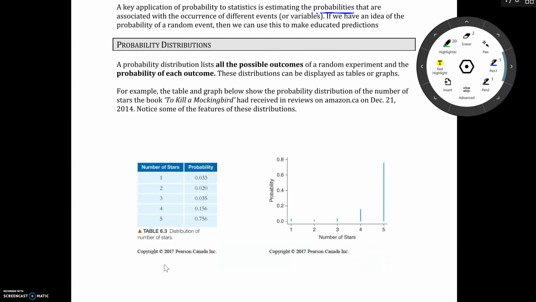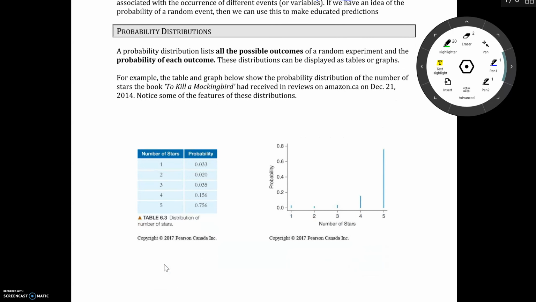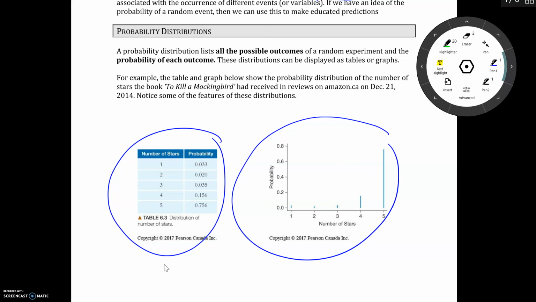A probability distribution is a representation of those probabilities. Sometimes it's in table form, sometimes it's in a graphical form, and we'll see a range of different graphical forms that can show up. So reading directly from the table, I might notice that the probability that a value of 1 occurs is equal to 0.033.